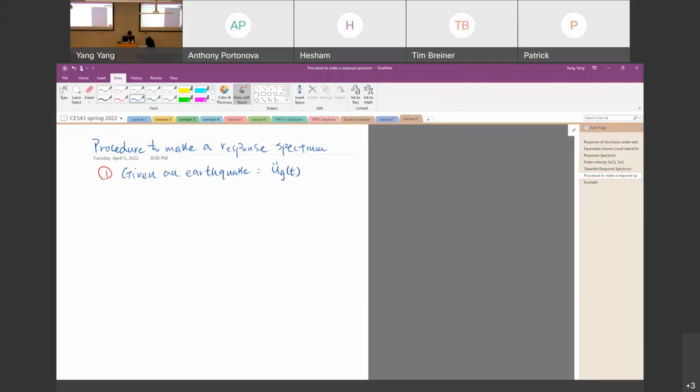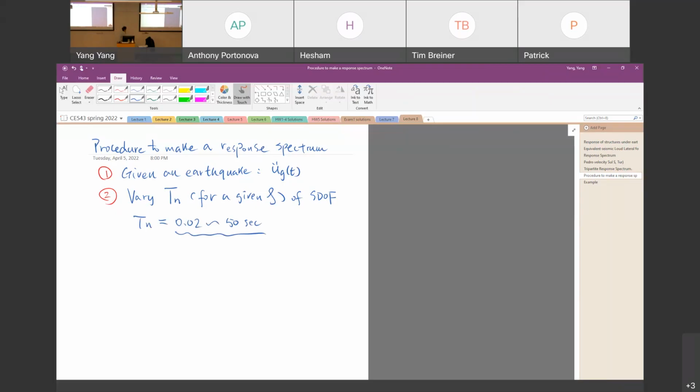The next step is you need to vary the natural period of the structure. Typically we vary the natural period between 0.02 seconds to 50 seconds.